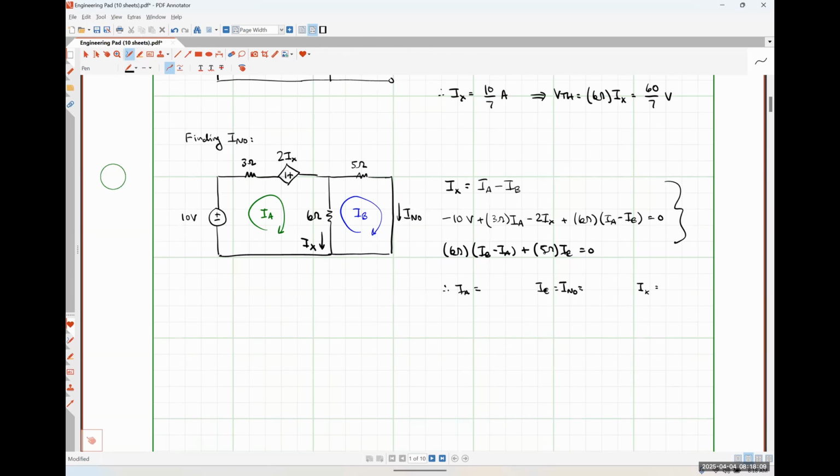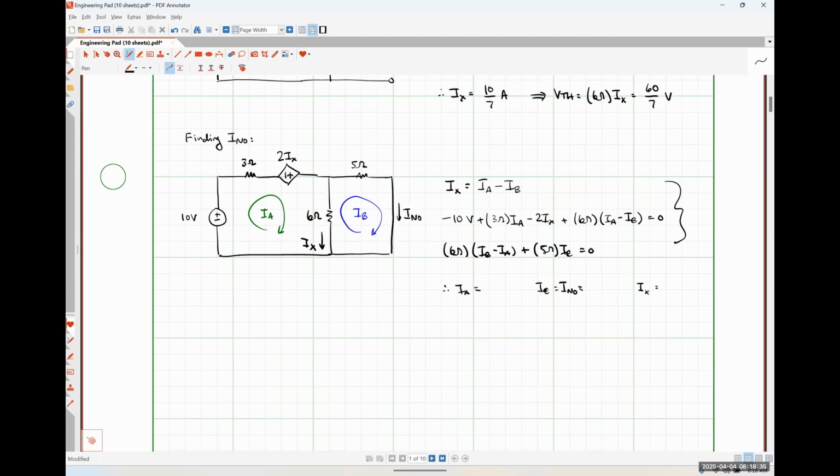So putting this into my calculator as a 3x3 system, and my first equation, my coefficient for IA is 1. My coefficient for IB is -1. And my coefficient for IX will be -1 when I move it to the other side of the equal sign because I'm treating it as a variable. And then my constant term is going to be 0.